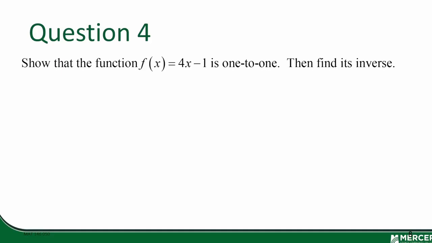This one is fairly obvious. That's 1-to-1. Which makes it the perfect practice for proving. So our claim is that the function 4x minus 1 is 1-to-1.